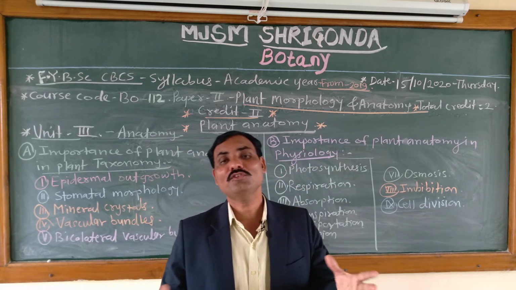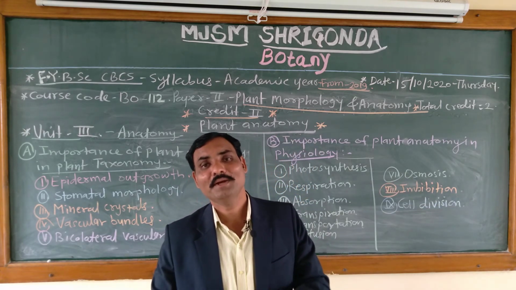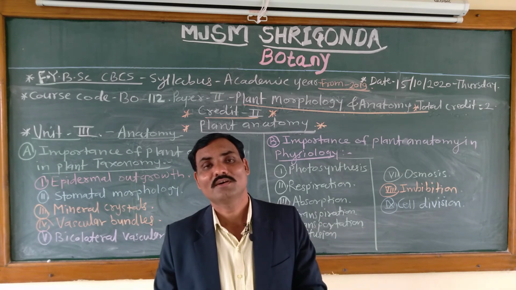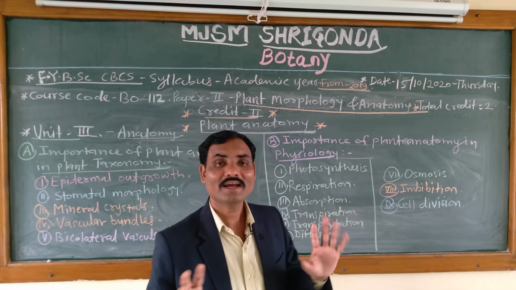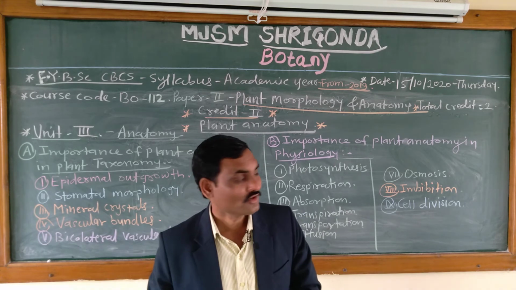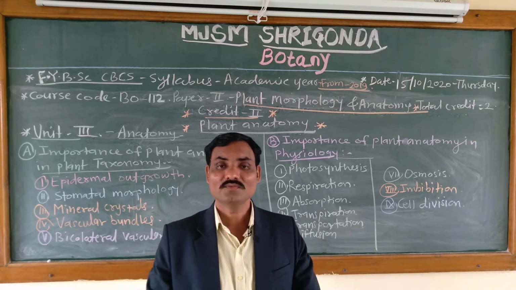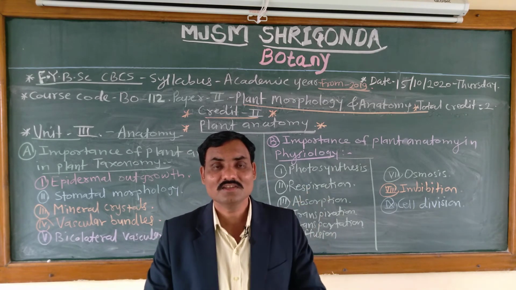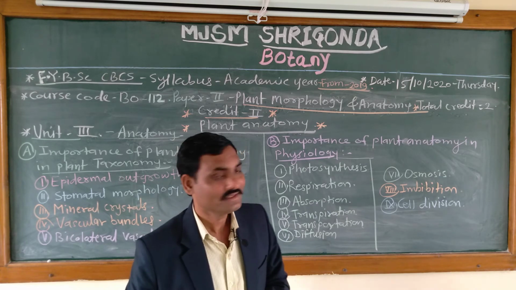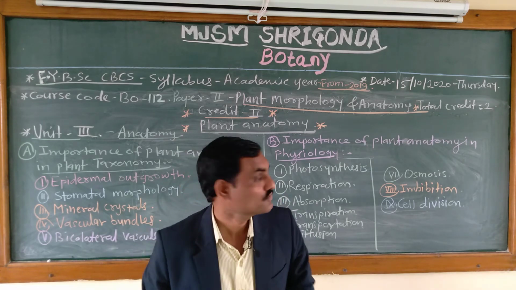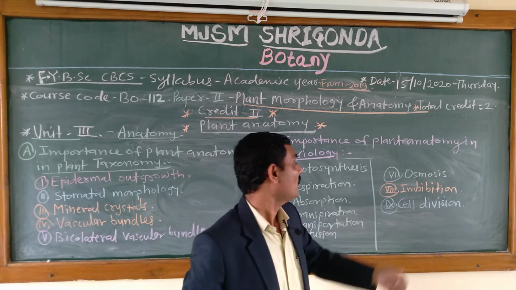How osmosis takes place, which is the main criterion of osmosis, we cannot understand without the study of anatomy. When we take the transverse section and see the internal structure of the plant, at that time we can understand the process of osmosis very well.